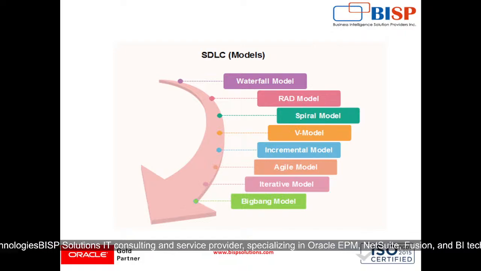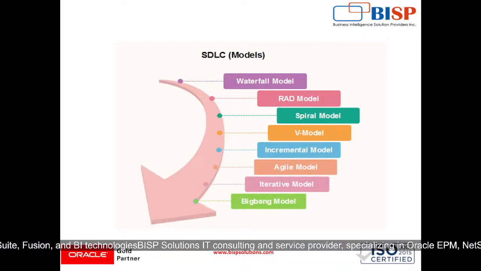So why are we not using this waterfall model? Because it has some limitations, like being inflexible to changes in requirements once the project starts. Then testing occurs only at the end, which can delay the discovery of critical issues. These are the limitations of the waterfall model.